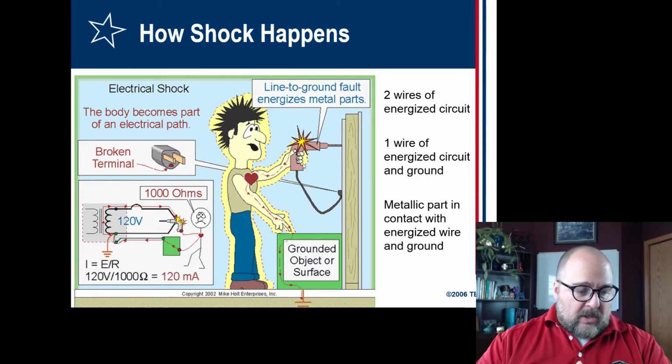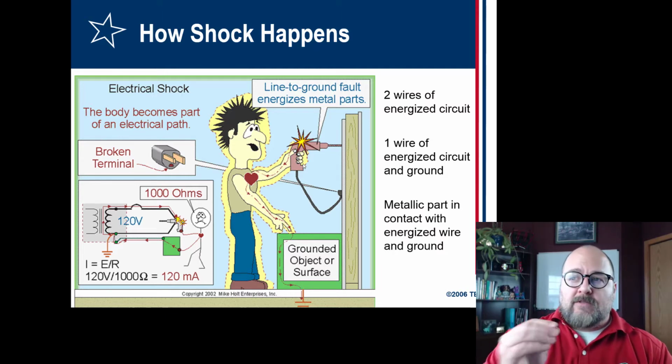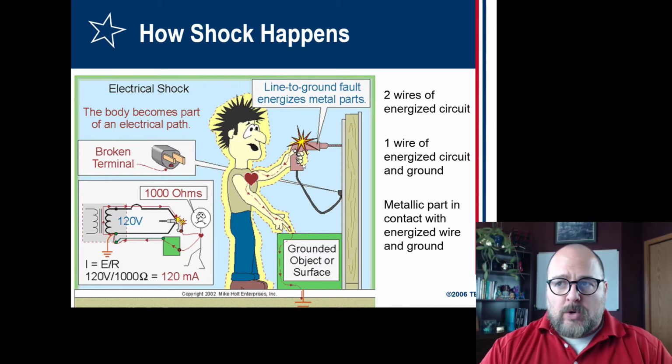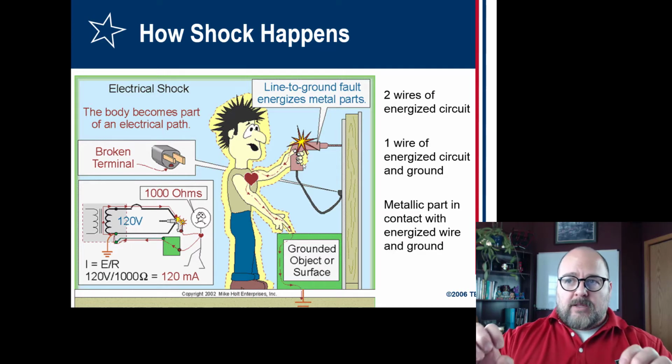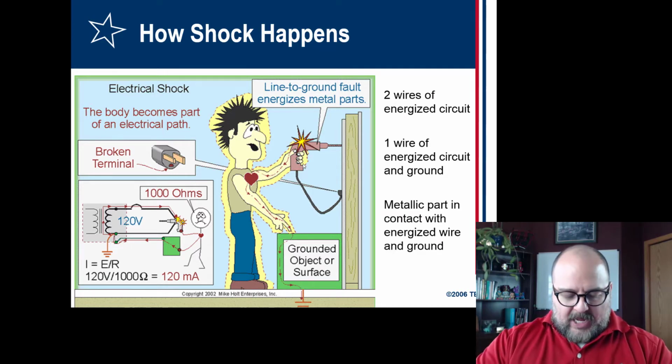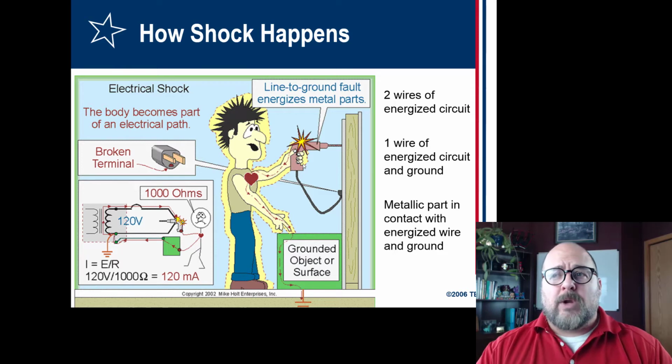Now, when we do sense it, we tend to get thrown. So it's usually a very quick path, and then the circuit is broken. But if a person is holding on to something and it causes them so they can't let go, it will cook them. There's a video on YouTube. I'm not going to show it to you because it is pretty bad.